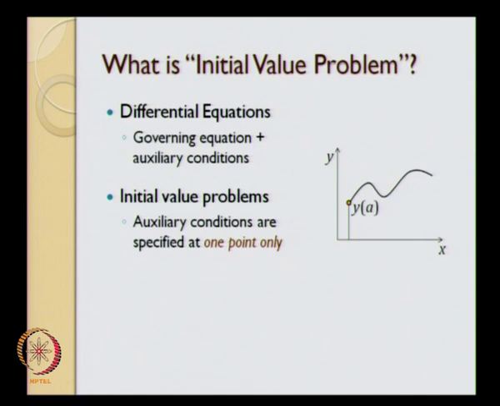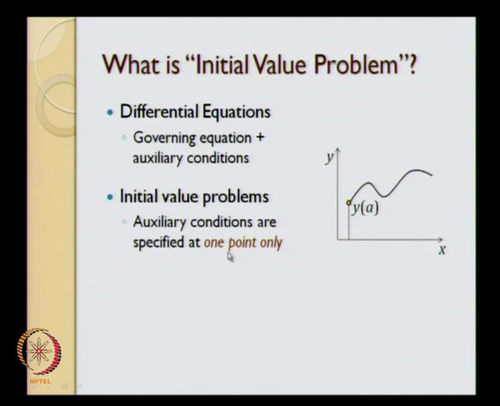For example, we had an equation of the form dy by dx equal to some function f of y comma x, and we had a starting point, y at x equal to a, given as y of a. Starting from this particular starting point, as x progresses, how the value of y is going to change. That was what we did in initial value problems.